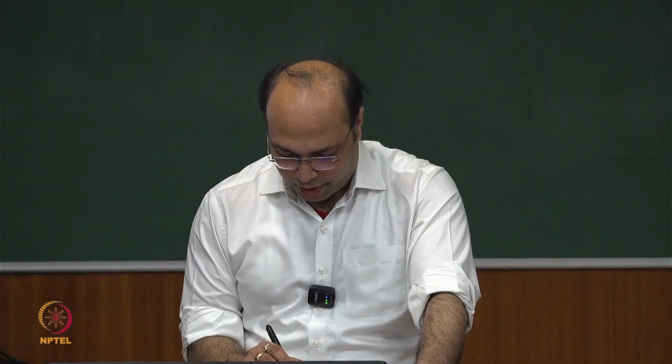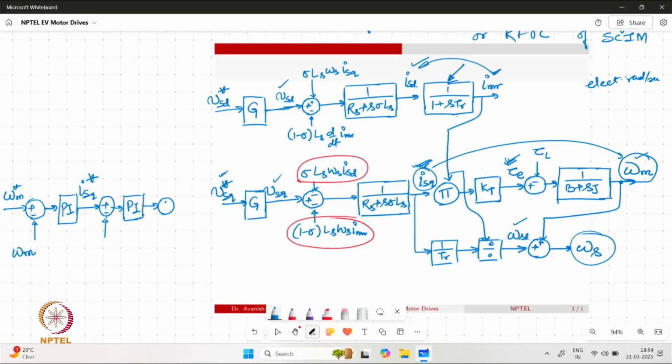So which is why we have the feed forward compensation, and when I say compensation, it essentially means that if a term has a negative sign and is getting subtracted from the actual voltage, we need to have addition of the same in the reference signal.